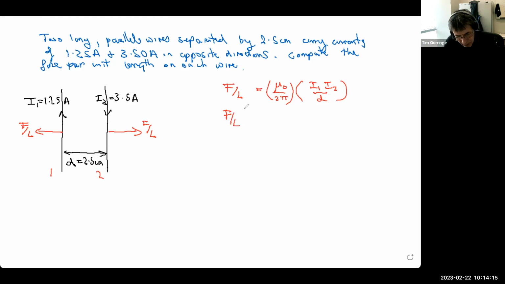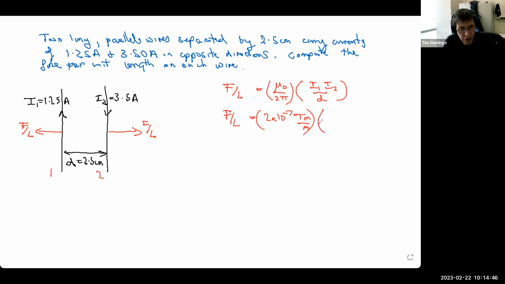Anyway, let's calculate the value, the magnitude of this force per unit length. So mu naught over 2 pi. Mu naught is 4 pi times 10 to the minus 7 Teslas meters over amps. If I divide it by 2 pi, I just get 2 times 10 to the minus 7 Teslas meters over amps. So that's the constant.